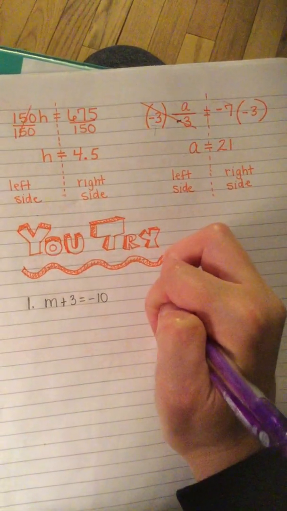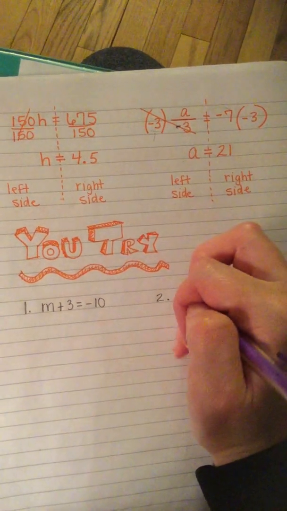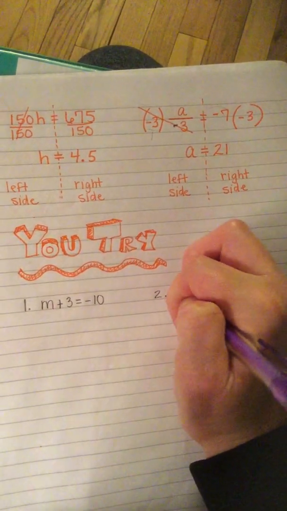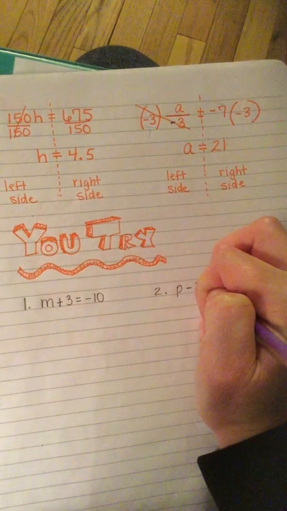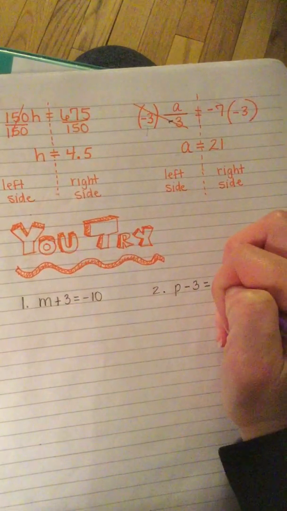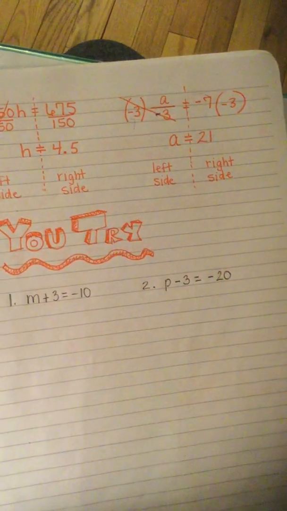The second one I want you to try is p minus 3 equals -20.